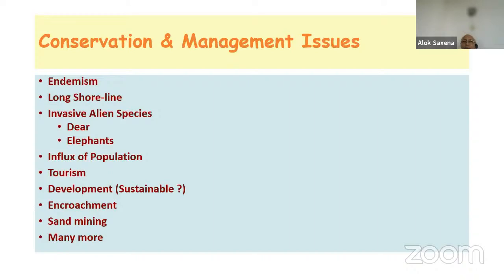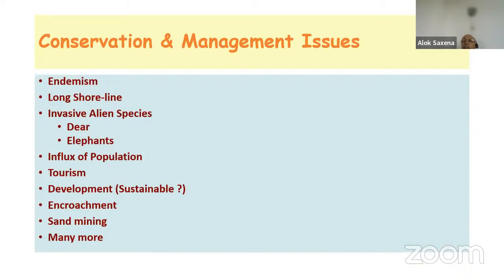So the problem was that these people who came from the mainland were agriculturists. They started clearing the lands and forest areas, and they started raising supari plantations and plantations of spices and such. Even cashew plantation is there, which are not native species to these islands.